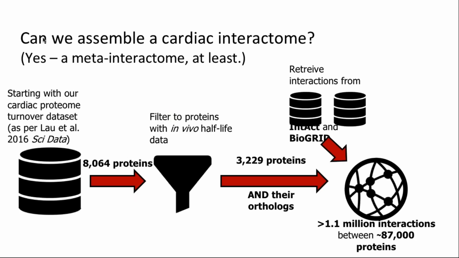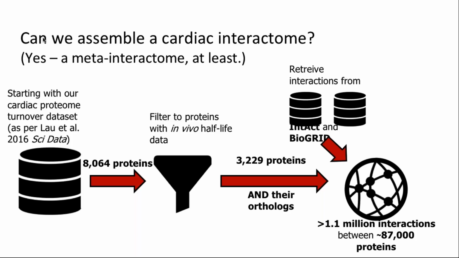If we're looking once again just in the span of, say, cardiovascular disease, and I apologize for some of the odd fonts here, let's say we wanted to assemble a cardiac interactome. I said that it's really challenging to assemble all the protein-protein interactions for one particular species, even if it's humans.